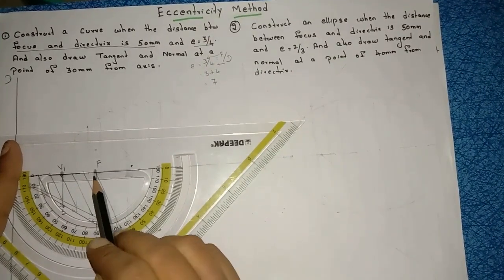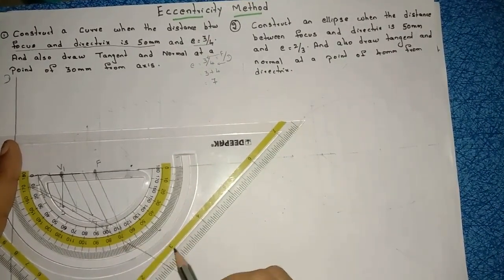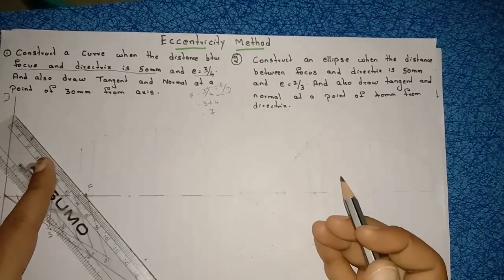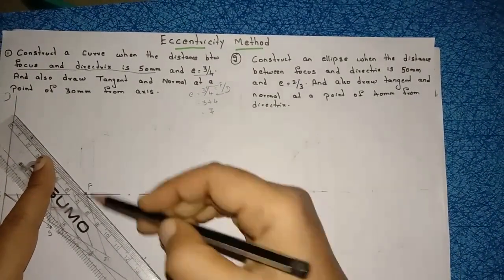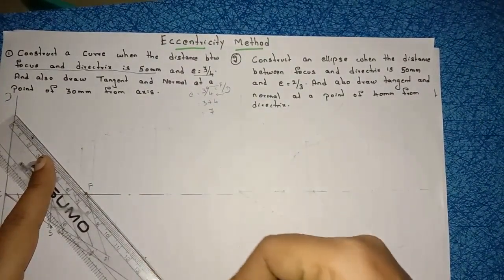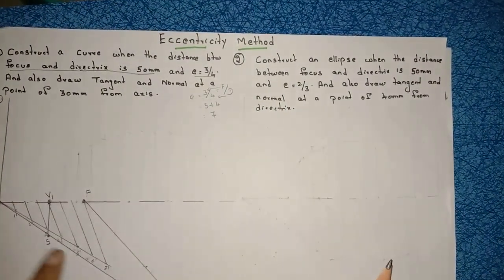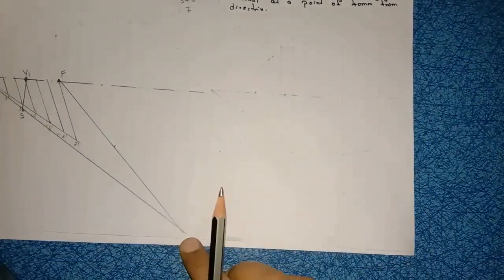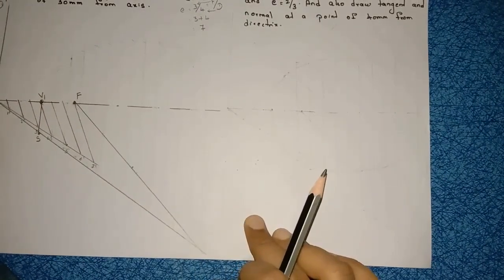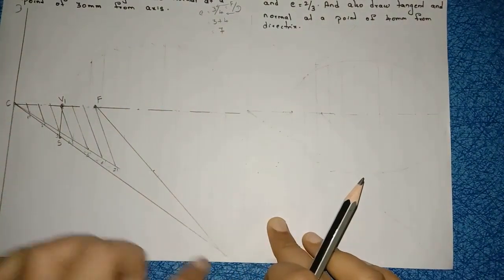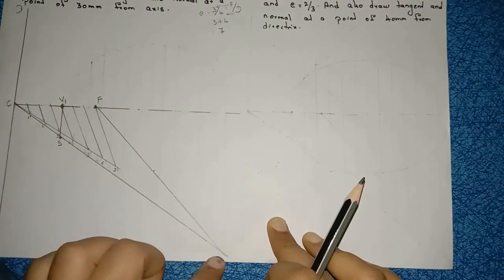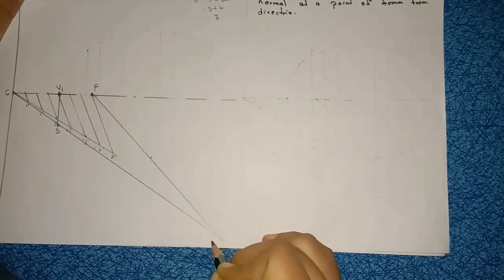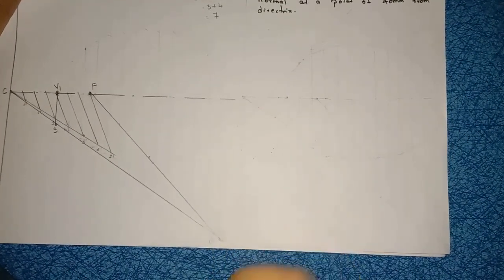Please remember, from focus mark a 45 degrees angle, and draw a line. Definitely these two lines will intersect at some point. You are joining C to S, and from F you are taking a 45 degrees angle, so the two lines will intersect at some point. Name that point as Q.